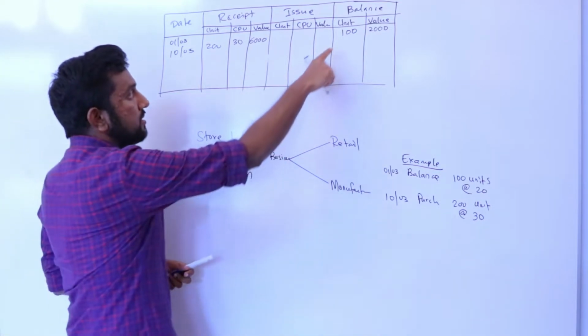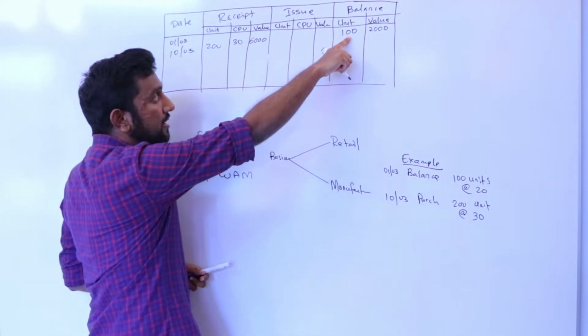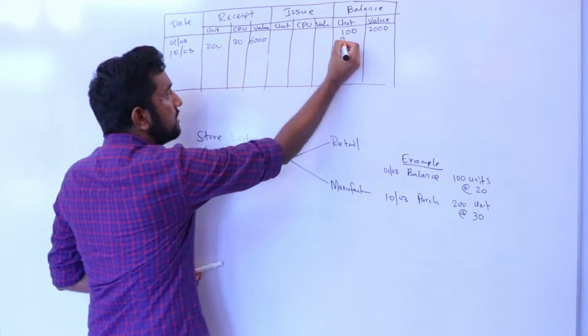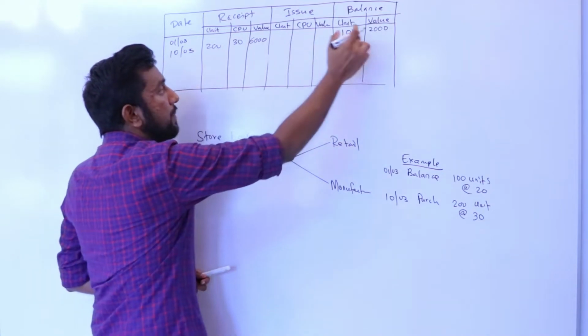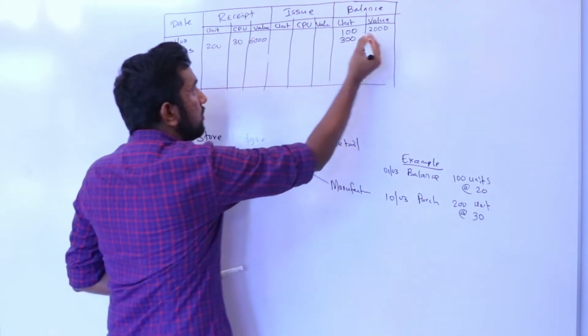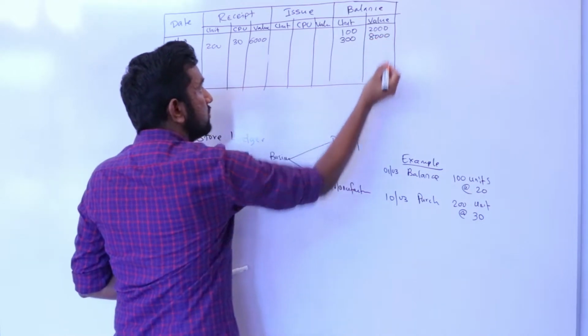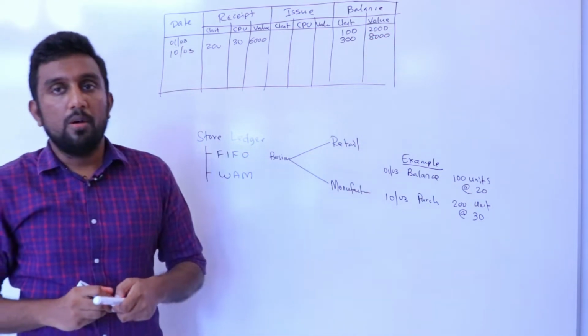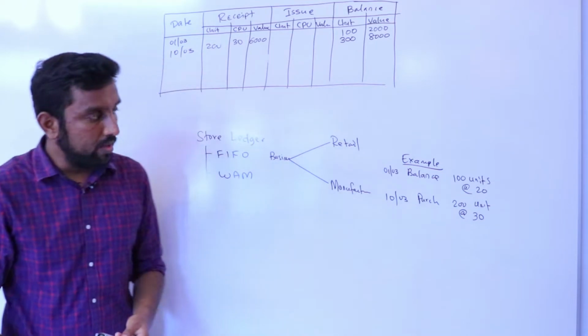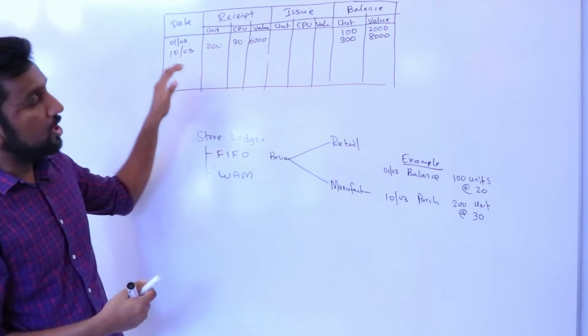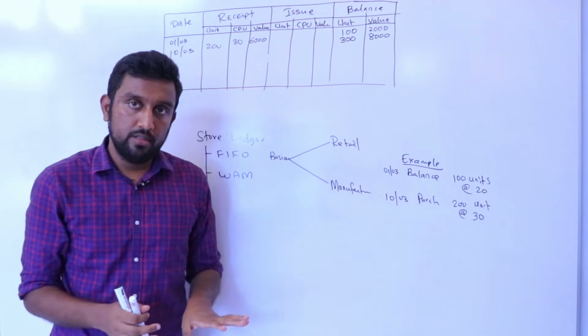Now I put the balance here. I had 100 earlier and I purchased 200, so my balance is 300 units. I had a balance of 2,000 and purchased for 6,000, so my balance is 8,000. The way we record purchases is common to both methods.